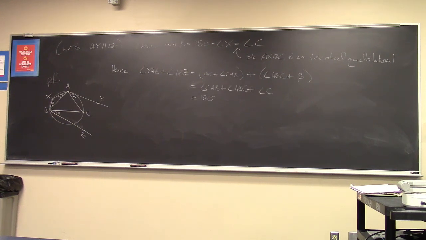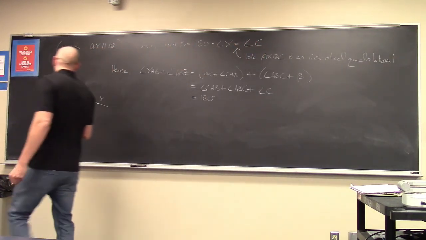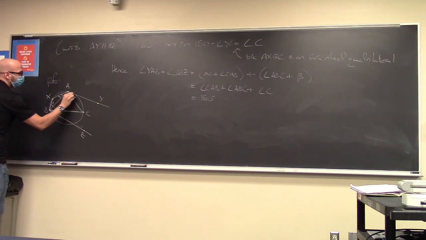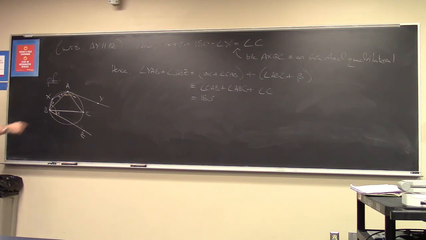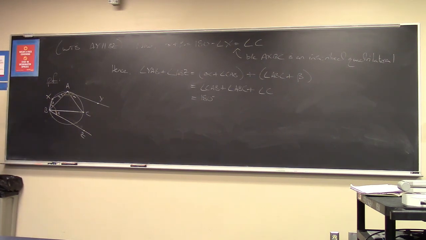It's not the way I usually think of corresponding angles, but we've shown that this angle here and this angle here, I don't know why I did such a terrible job of labeling these things, those two angles are supplementary. So that means they're parallel. Why?